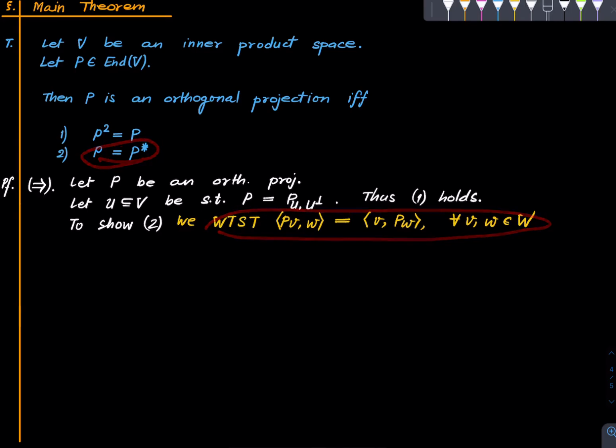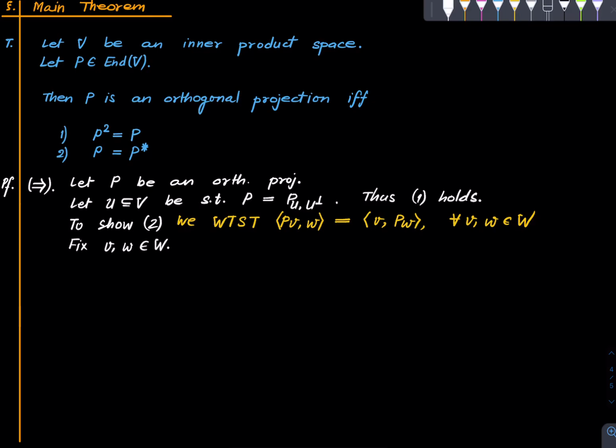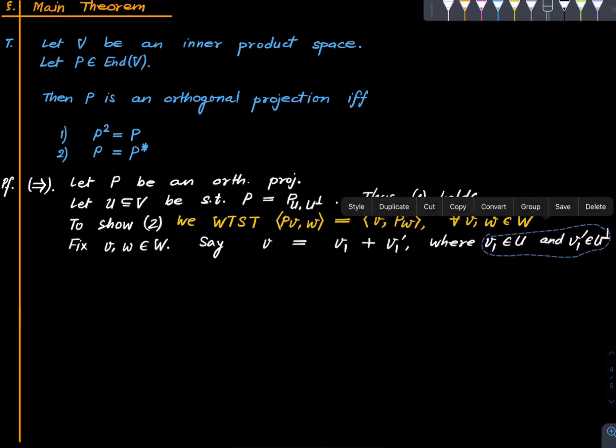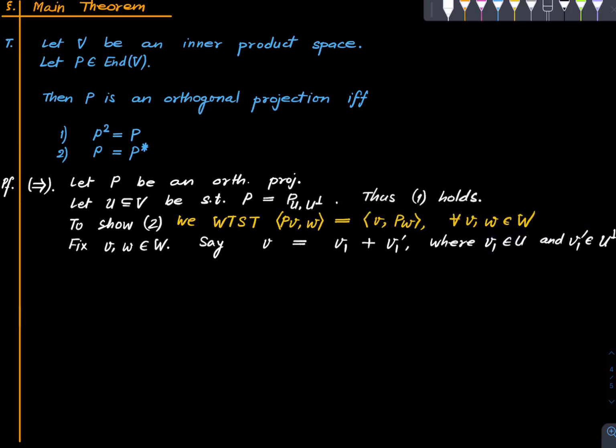So fix u, v and w, and say v is equal to v1 plus v1 prime, where v1 is in U and v1 prime is in the orthogonal complement of U. Alright.